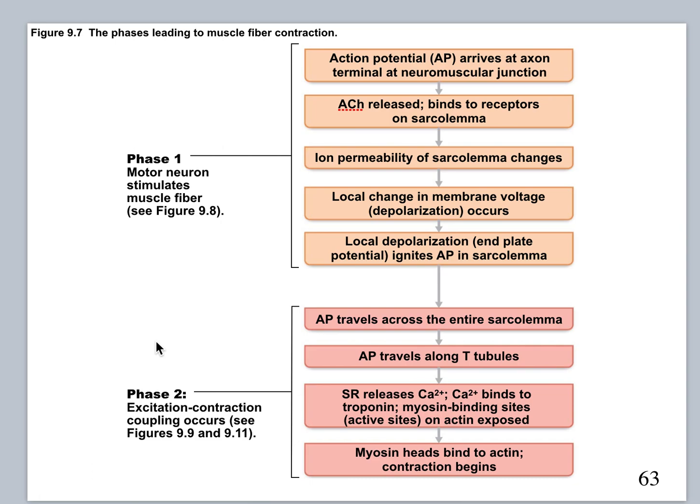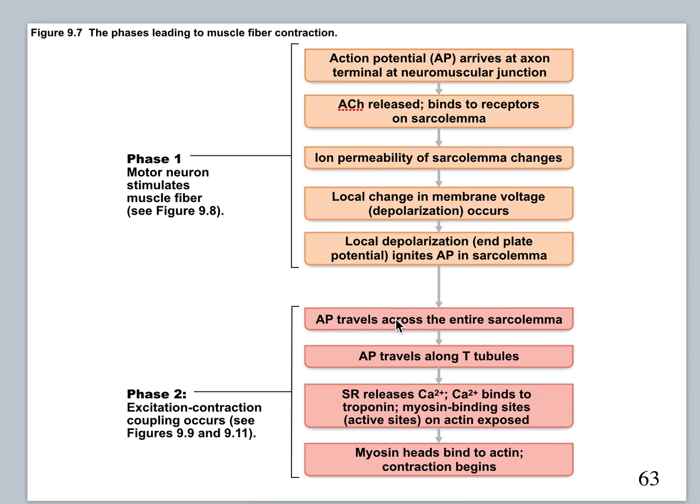This diagram just summarizes all that we've talked about. Phase 1 is the motor nerve stimulates the muscle fiber. An action potential comes down the nerve axon, arriving at the neuromuscular junction. Acetylcholine is released. It binds to receptors on the sarcolemma. The ion permeability of the sarcolemma changes. Local change in the membrane voltage, or depolarization, occurs. Local depolarization ignites the action potential in the sarcolemma, and it follows a chain reaction.